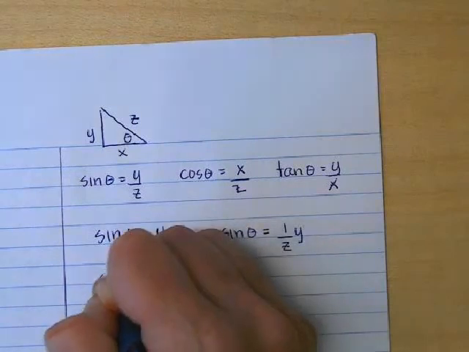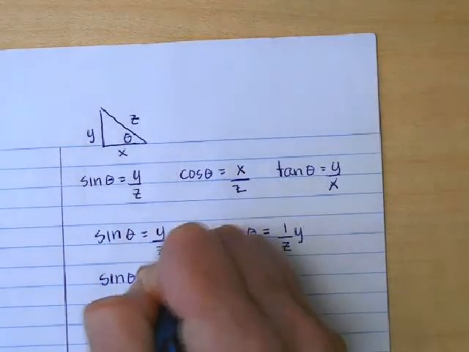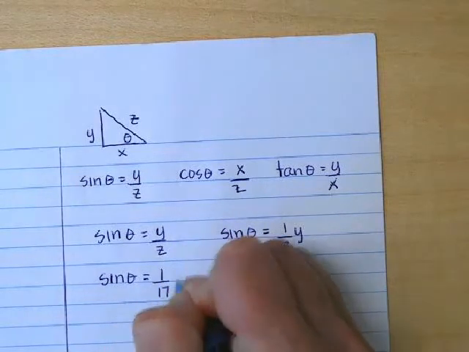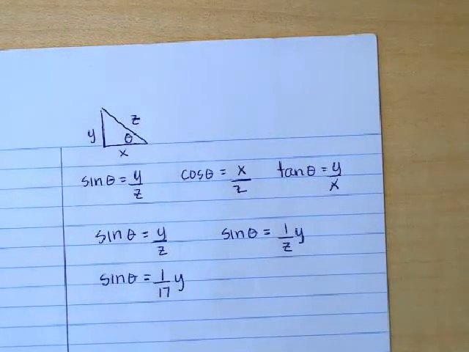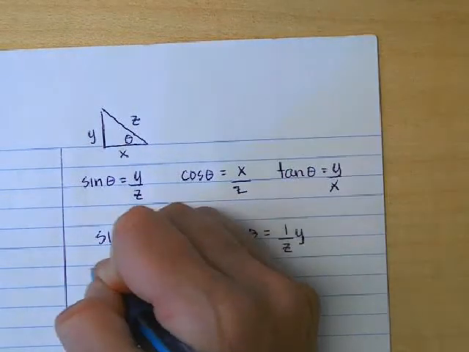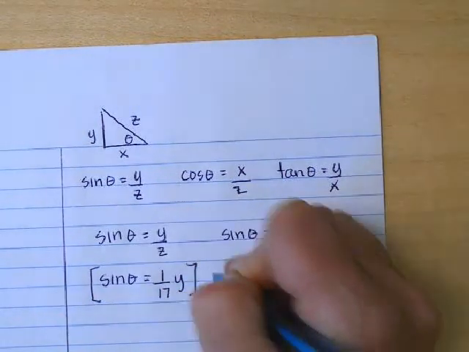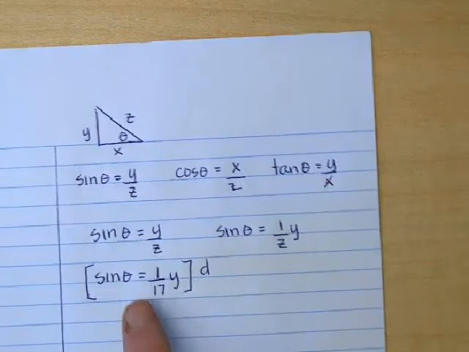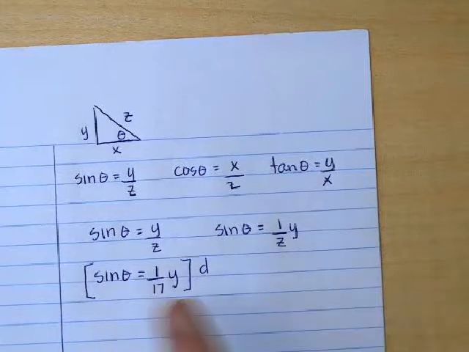Okay, so let's put in our value. We know that z was 17. And then let's differentiate both sides. Now, this one is going to be different because we have this variable theta.